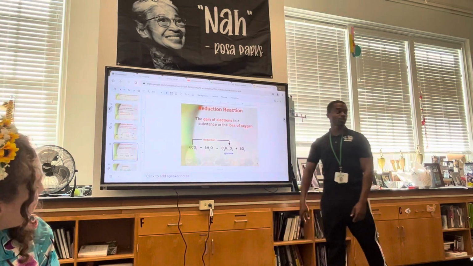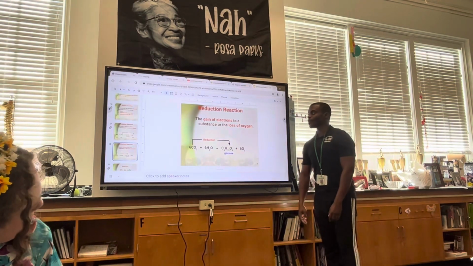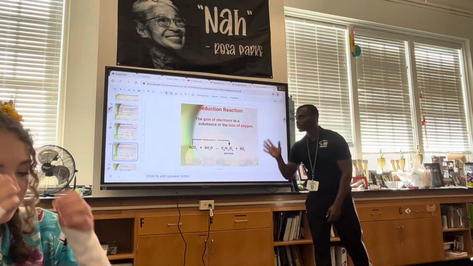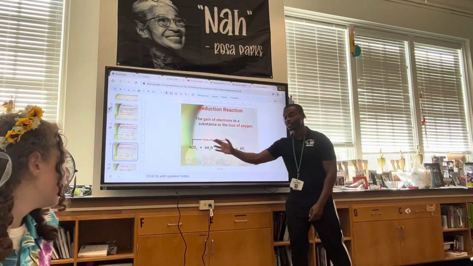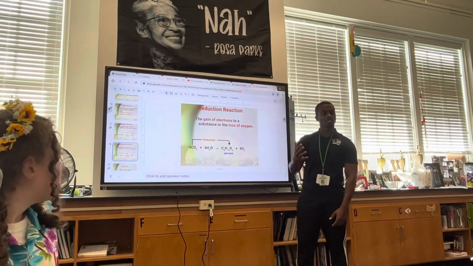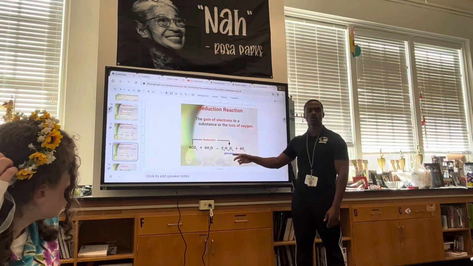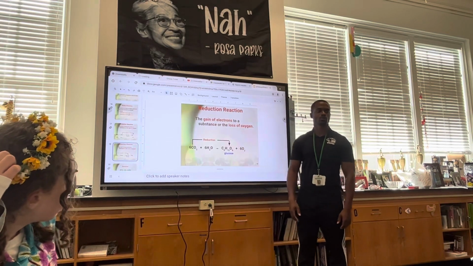The gain of electrons to a substance or the loss of oxygen is what we refer to as reduction. In this case, carbon dioxide is going to go through reduction because it is going to gain the electron to make glucose.